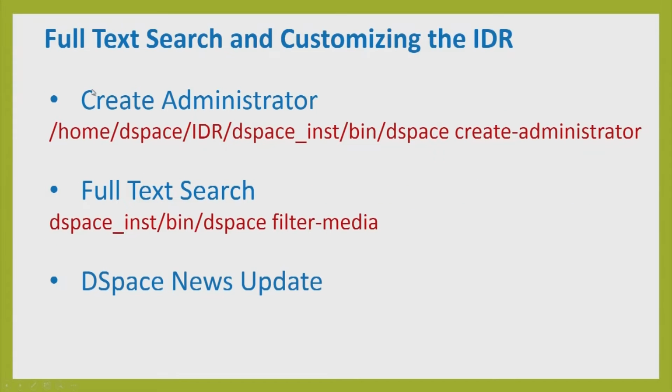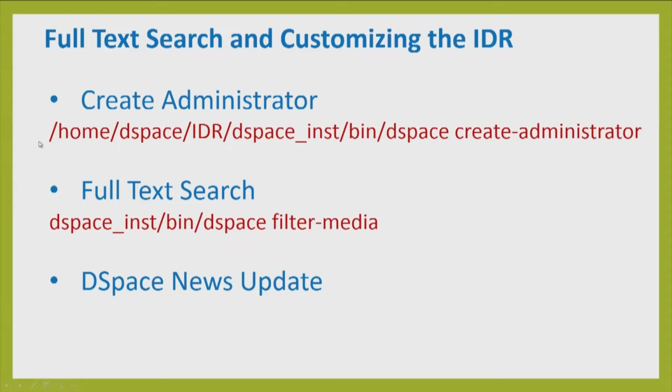So, I have given two commands. These two commands are very important. One is create administrator. Many times it happens that we forget the administrator password, or we want to create a new administrator for DSpace. So, how can I do that? There is a command, the create administrator command.